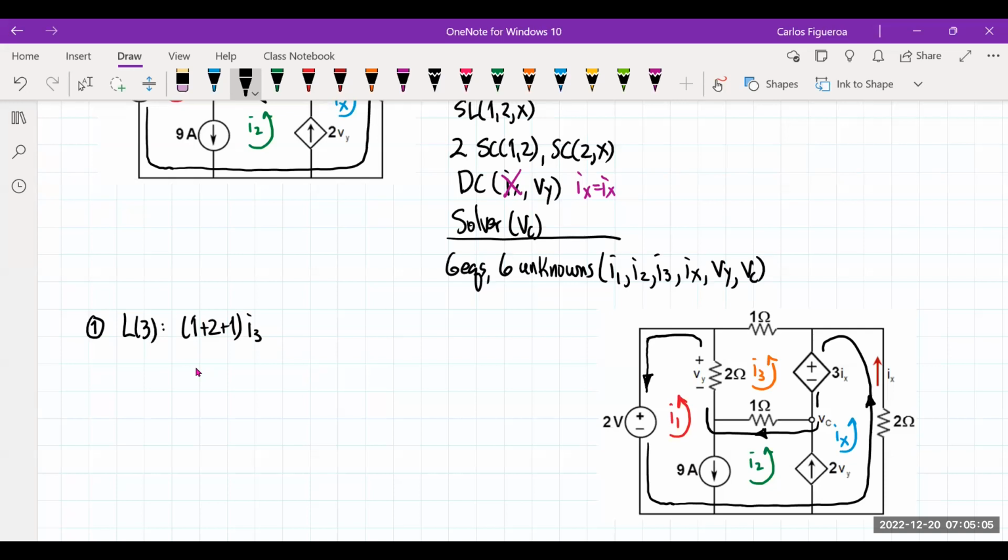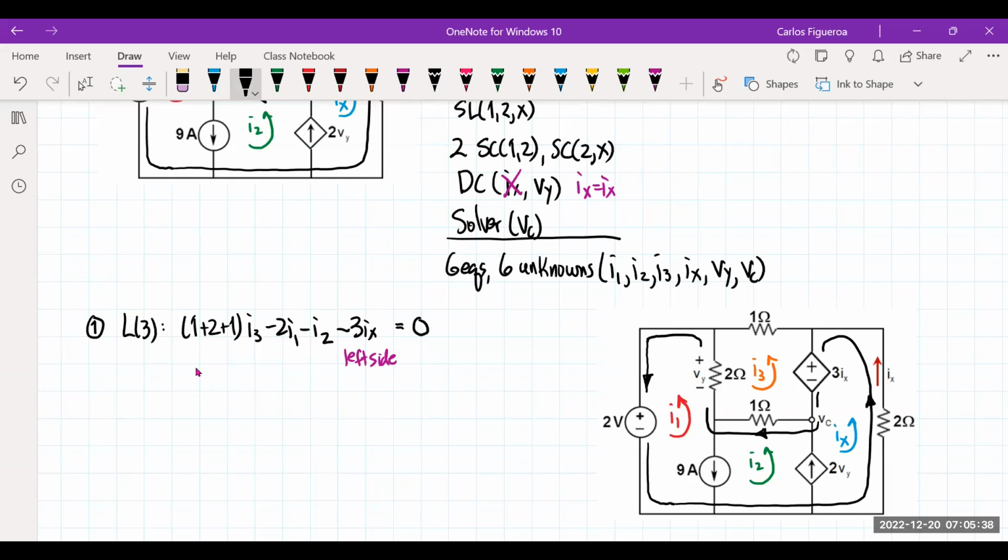And now look at that, I have 2 mutuals, one with 1 and one with 2. So I'm going to write minus 2I1 minus I2. Now look at this dependent source. As I come across with KVL, I see a minus sign, so I'm going to write minus 3Ix. Note, I keep this on the left side. I don't move it over. No current source, no voltage sources, constant voltage sources. So that's 0.